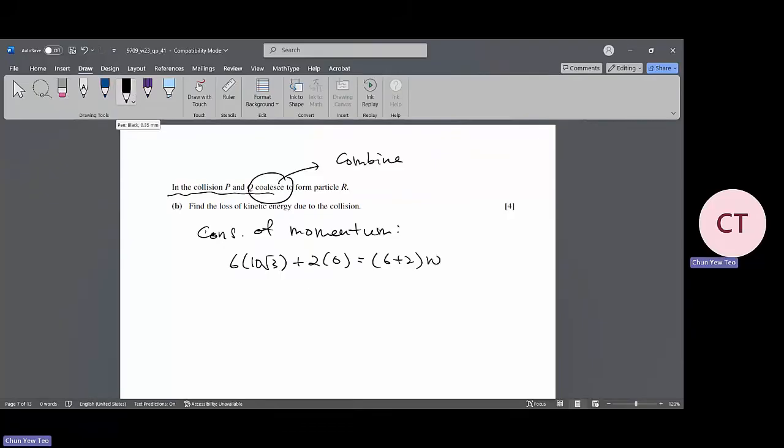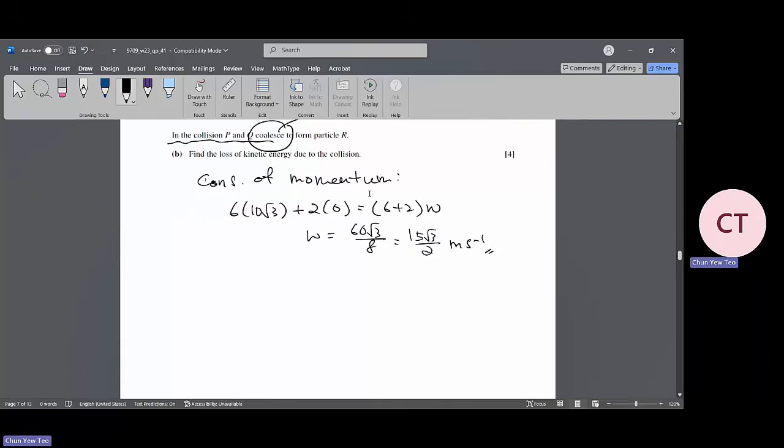Now just use your calculator. You will get 60√3 divided by 8, which is actually 15√3 over 2. This is the velocity of R after they collide, after they coalesce.